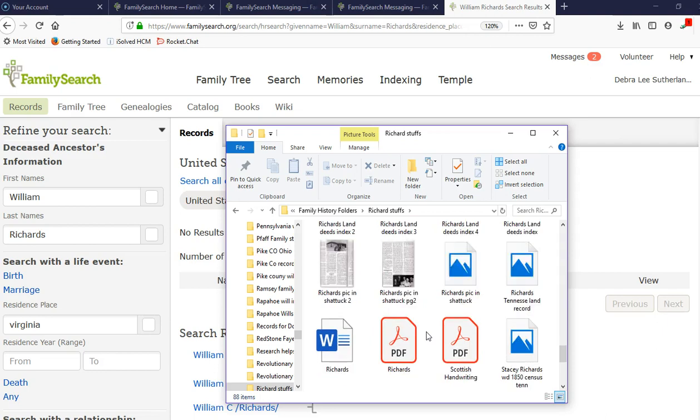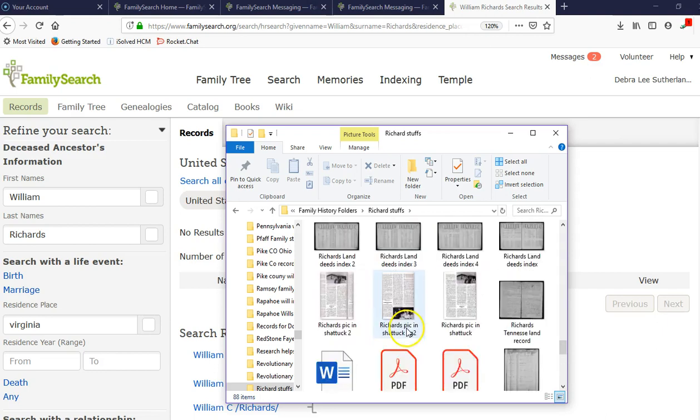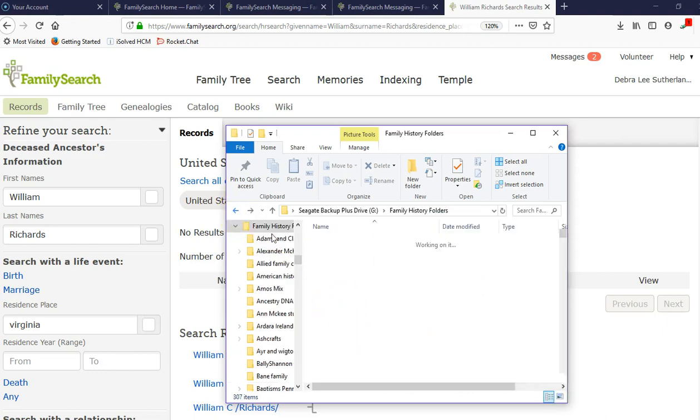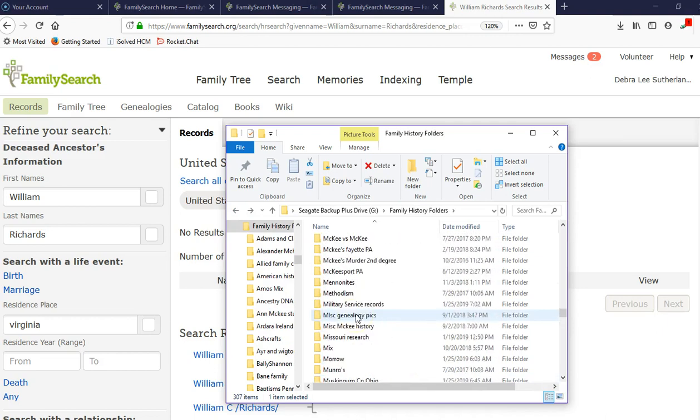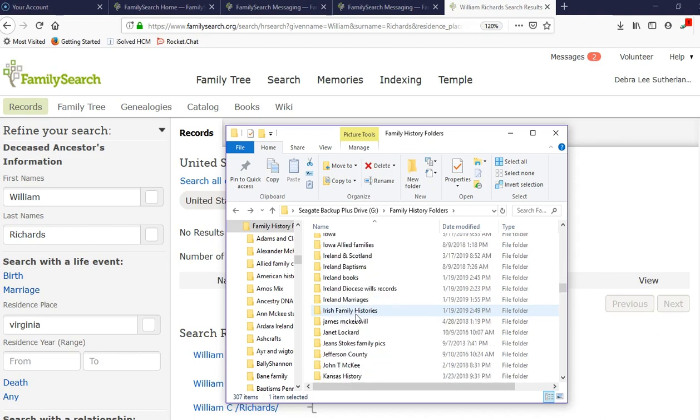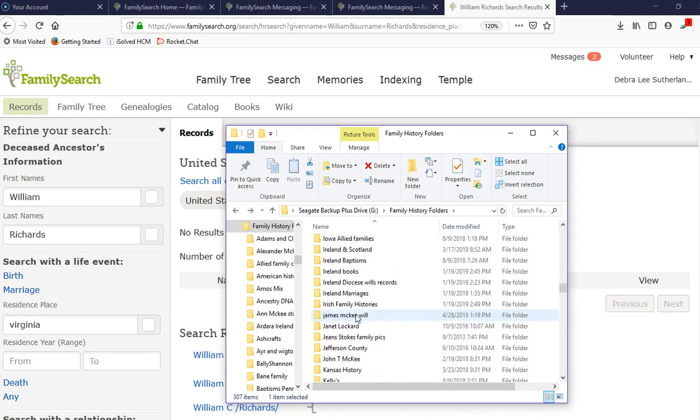What I do is an Excel spreadsheet, and I'm not finding the Richards one, so I'll go into the Knox County, Ohio, or the Ohio. Let's see, I think it's under Excel spreadsheets.